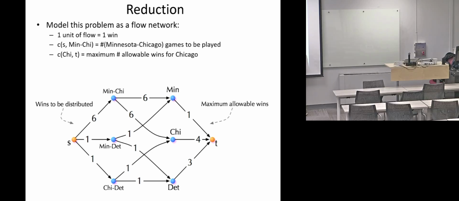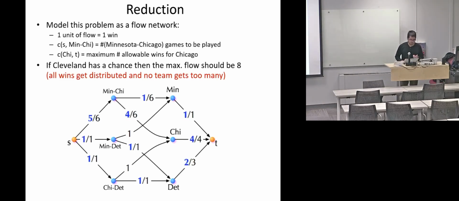Minnesota should win at most something, and Detroit should win at most something. And you just ask, can you supply the wins here from the source so that every team here receives at most this number of wins? This is just a max flow problem.